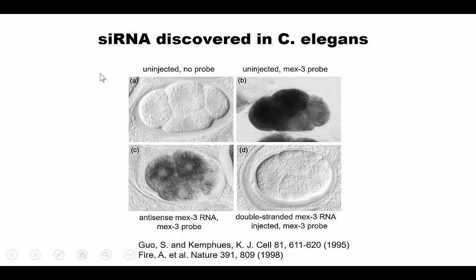This was the discovery story of siRNA, small interfering RNA. That means, if you add this small oligonucleotide as a double-strand structure rather than antisense, it has much stronger inhibiting activity for protein synthesis.